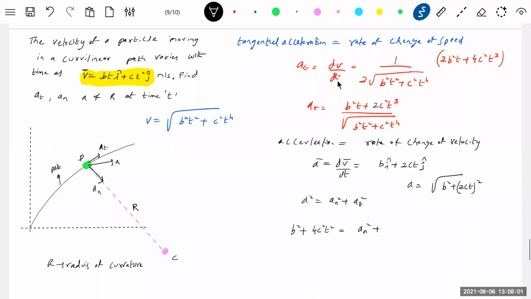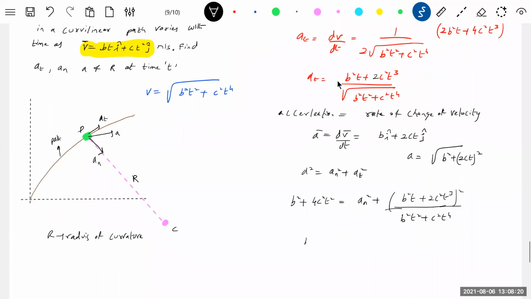Then I should square the tangential acceleration, and from here we'll get the normal acceleration.